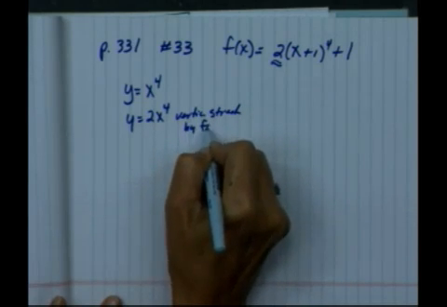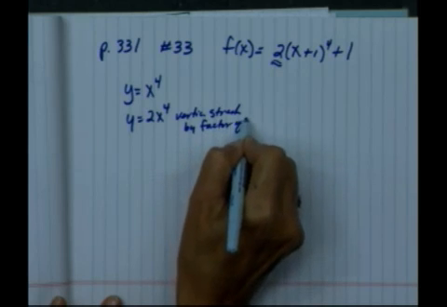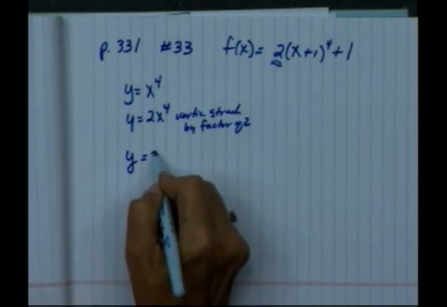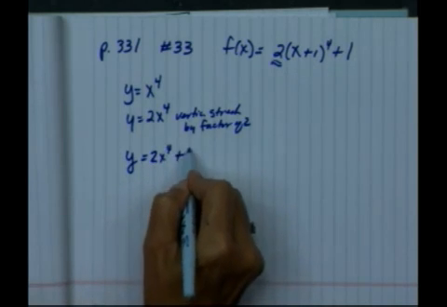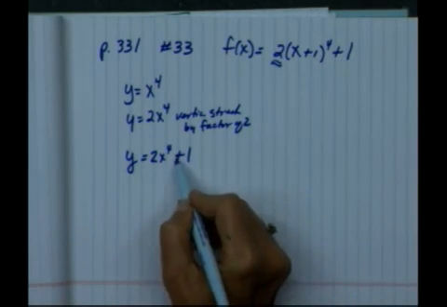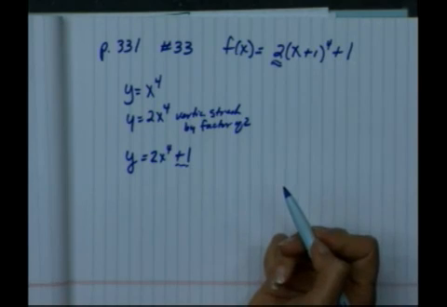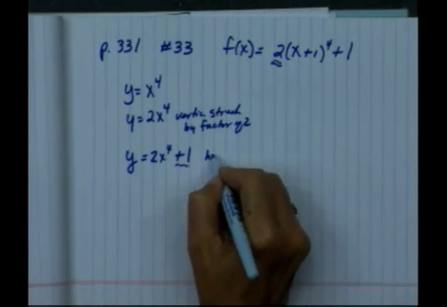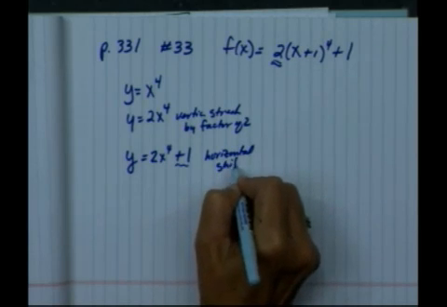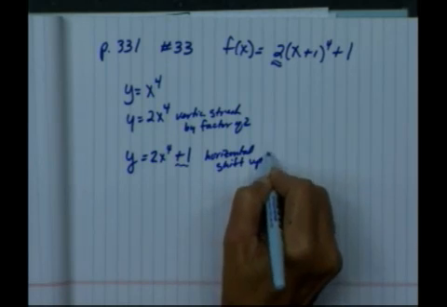Vertical stretch by a factor of 2. Okay, then what about y equals 2x to the 4th plus 1? I'm building this function here. What's that going to do, that plus 1? It's a vertical shift up 1.